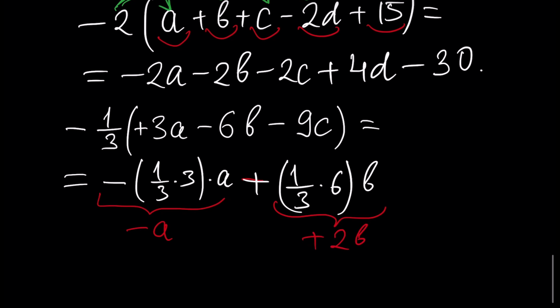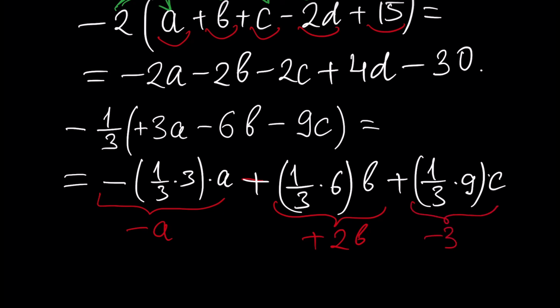And next minus times minus gives us plus 1/3 times 9, multiplied by C. In this case, we have here plus 3C. So answer will be minus A plus 2B plus 3C.